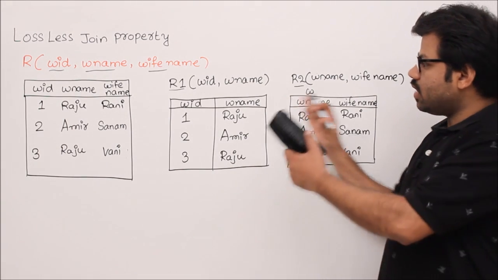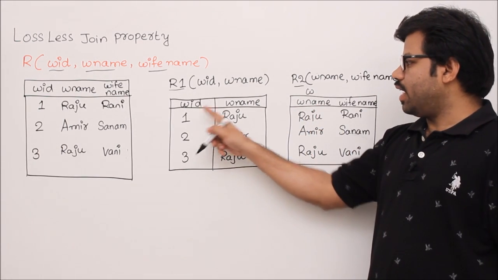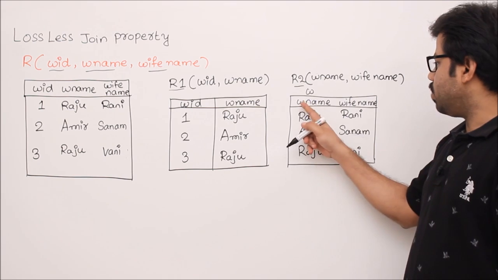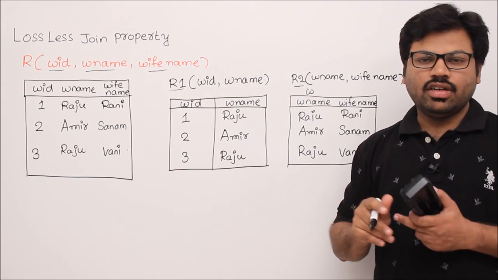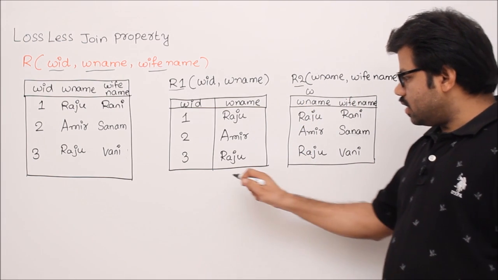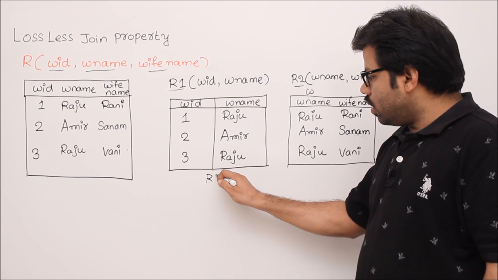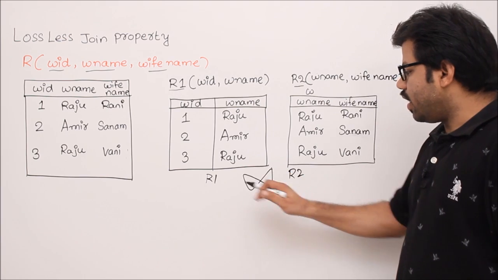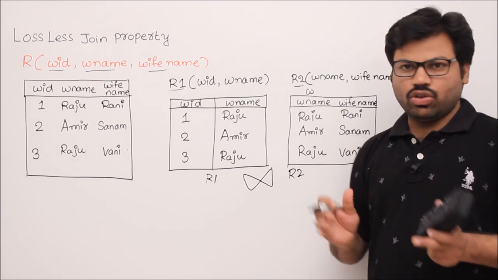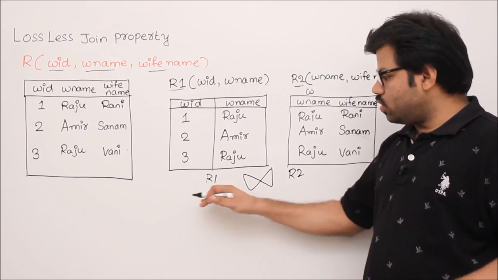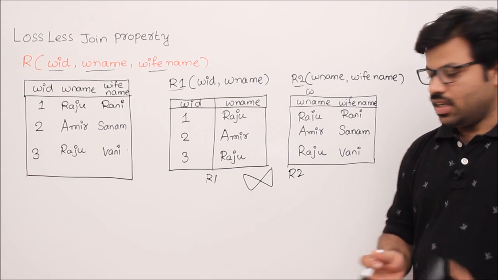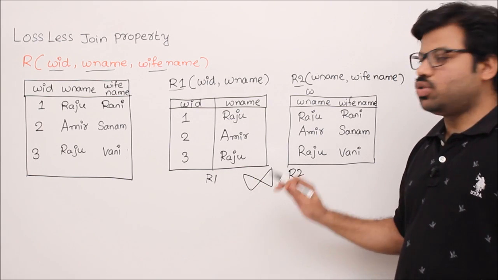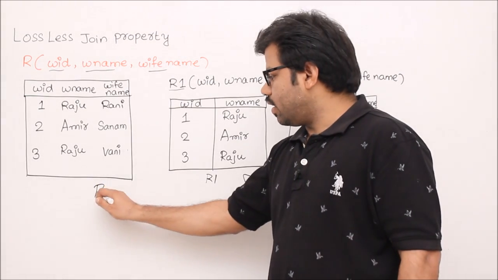Then if that division happens in this way, where watchman ID, watchman name is one table, watchman name, wife name is another table, then this is R1, right? This is R2. Then R1 and R2, if you join, this is a way we can combine the information. Whenever you have two tables, we use natural join to combine the information. Whenever you combine this information, you should get your old table back, correct?